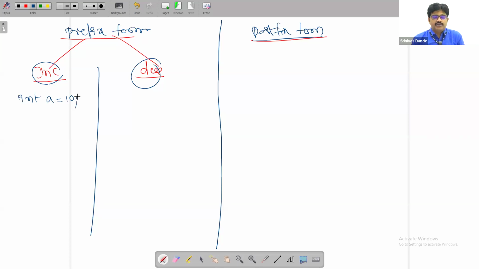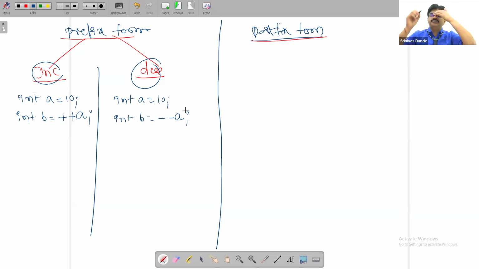Prefix means how to use: int b equals plus plus a. Is this a prefix form? Similarly, decrement also: int a equals 10 and then int b equals minus minus a. This is also prefix decrement. Prefix increment, prefix decrement. Okay.